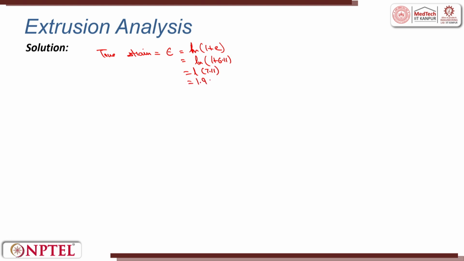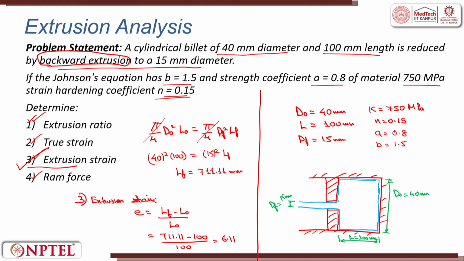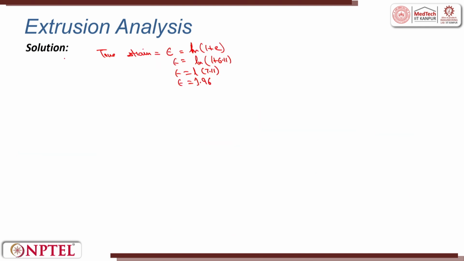This is equal to 1.96. This is true strain. That means parts 2 and 3 are covered. Next, I can find the extrusion ratio using the ratio of the areas. Extrusion ratio.